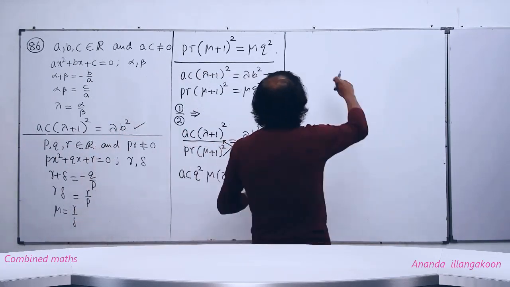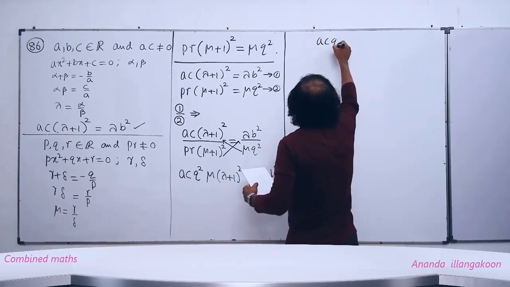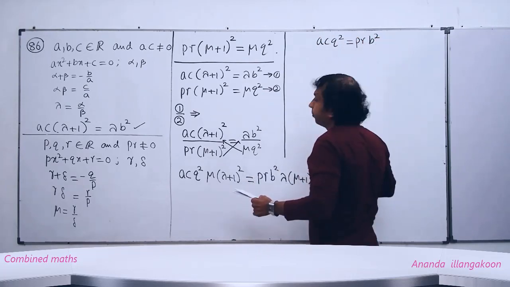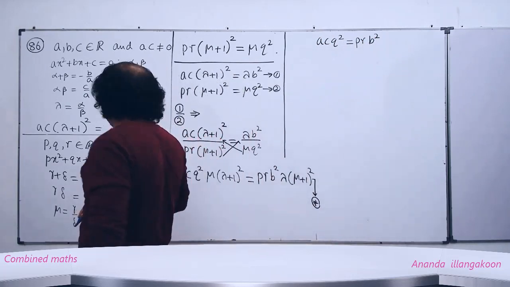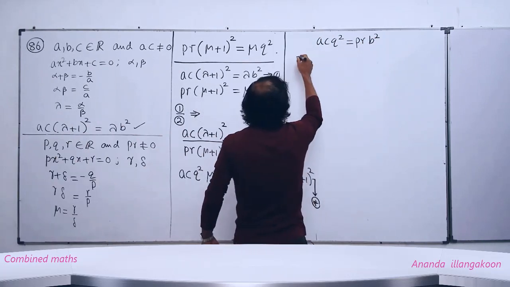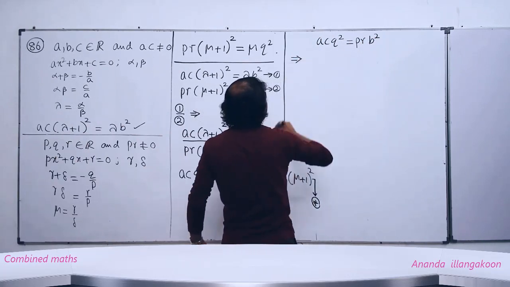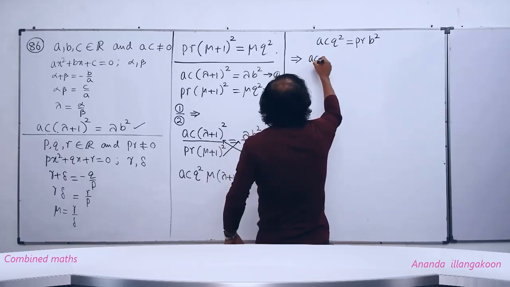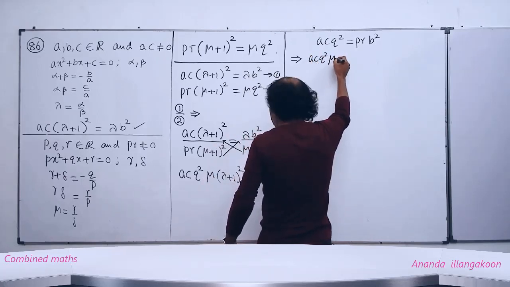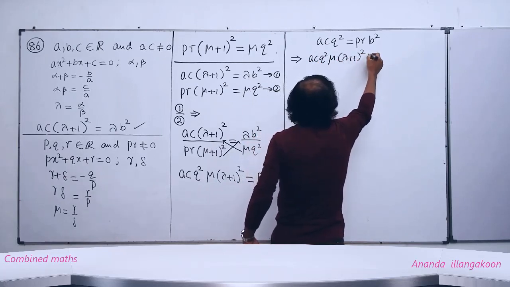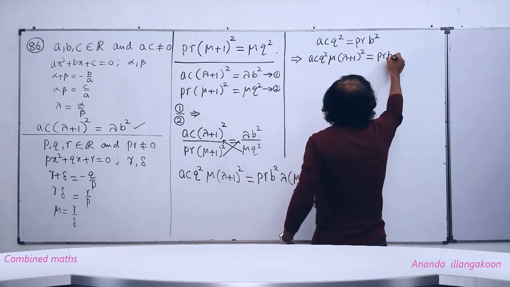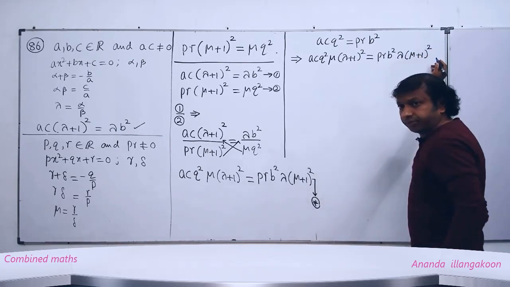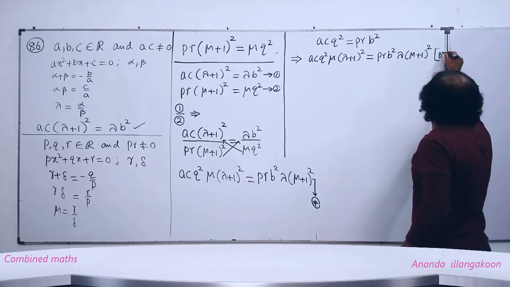Right, because if these two are equal, that implies, I write this, ACQ squared mu lambda plus 1 perfect squared equals PRB squared lambda mu plus 1 squared, by star.